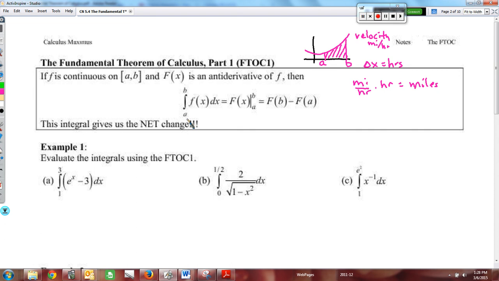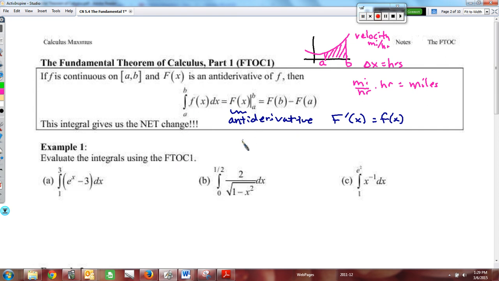And so this idea really should make sense to us that if I want to calculate a definite integral from a to b of f of x, I am looking for the net change in my original function. So I can calculate the antiderivative, right? This is where if I were to take this capital F and take its derivative, I would get the integrand in the definite integral.